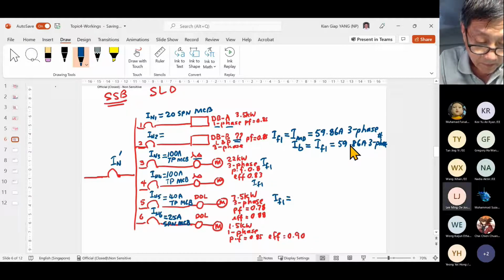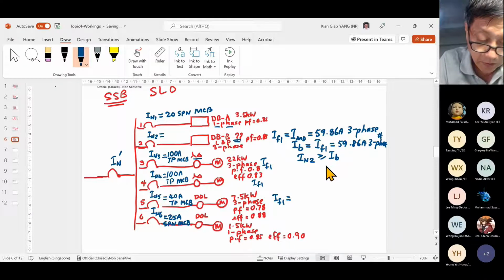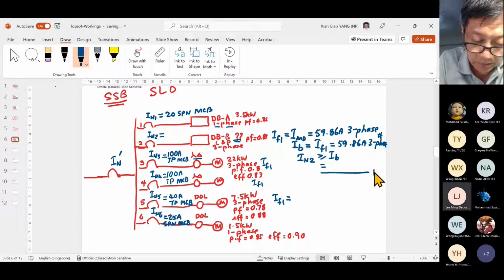Your last one, this one you select the MCB, right? So how do I select the value for IN2? What should I choose for IN2? IN2 equals to what? More than or equal to the IB? Yes, very good. You're remembering now. So 59.86 amps. So what should be my answer for IN2? 63. Yes, because that's the only one available.